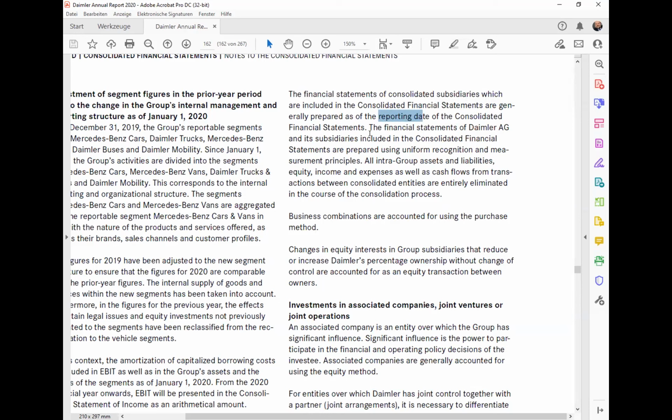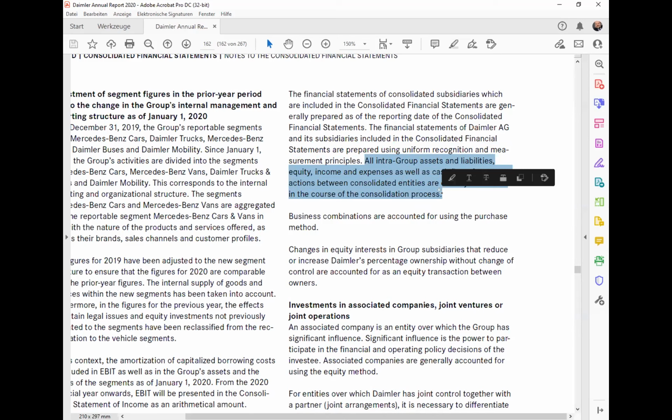The financial statements of Daimler AG and its subsidiaries included in the consolidated financial statements are prepared using uniform recognition and measurement principles. So we have seen that IFRS requires that. All intragroup assets and liabilities, equity, income, and expenses, as well as cash flows from transactions between those group entities are entirely eliminated in the course of the consolidation process.